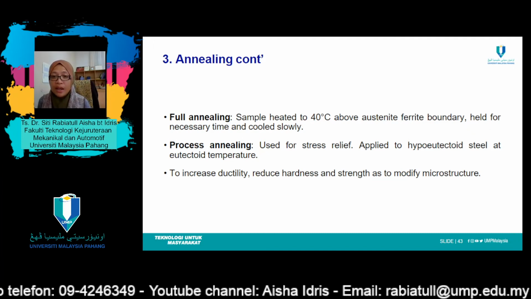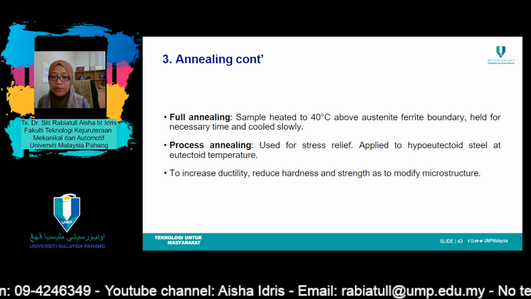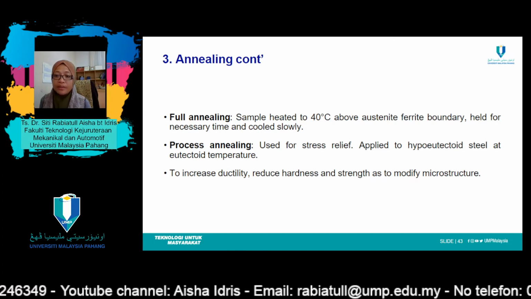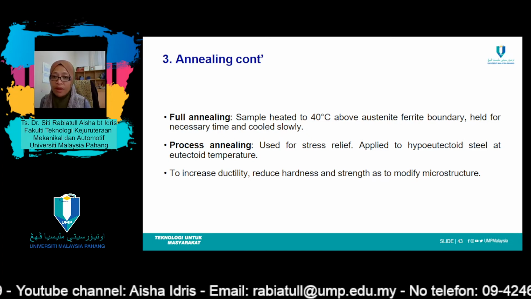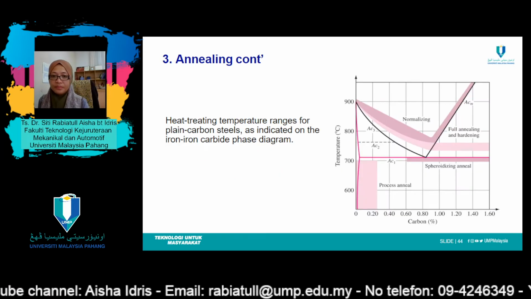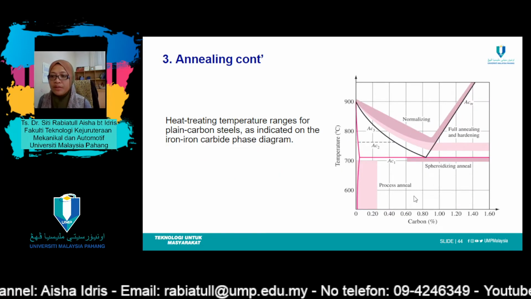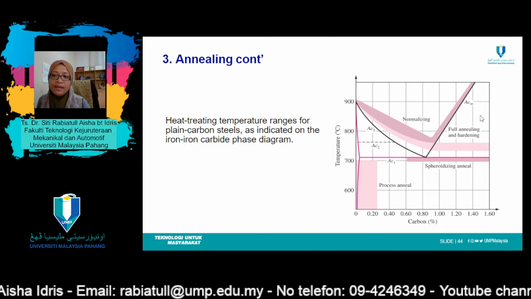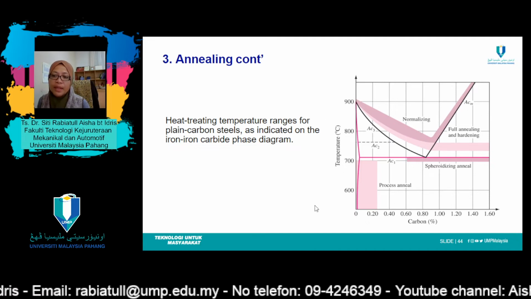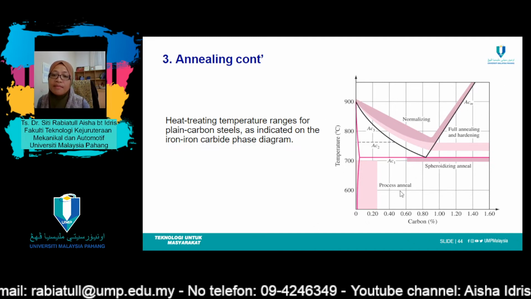An annealing process is used to increase ductility, to reduce hardness and strength, and to modify the microstructure. This is the location of annealing, on this side, if you're referring to temperature and carbon percentage over here.